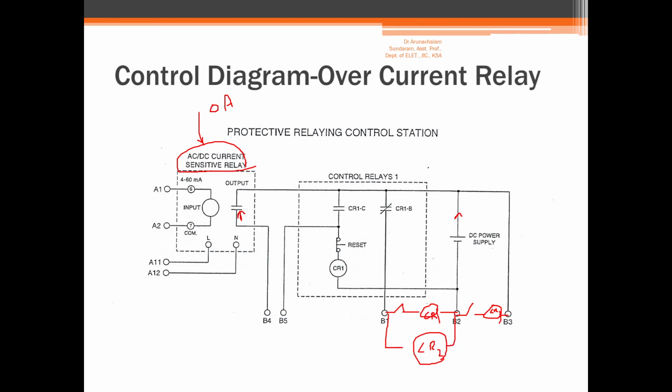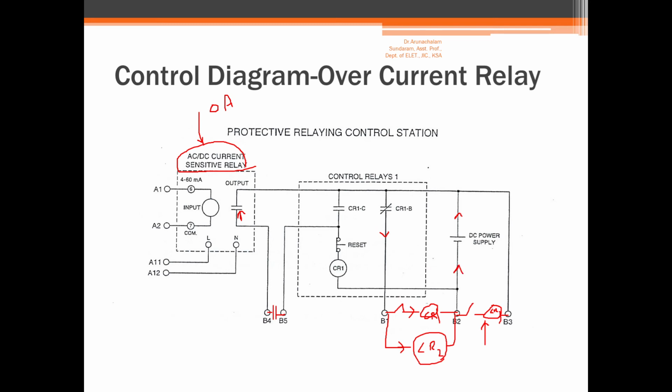Under normal condition, when CR1 is closed, you cannot have a current through the CR3 coil, and therefore the CR3 contact here remains open, so the current will be circulating like this. This is a normal condition. CR1 is closed, CR2 is closed, and the current will be circulating.